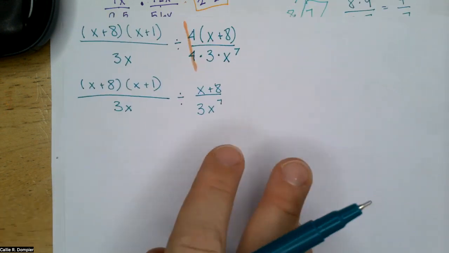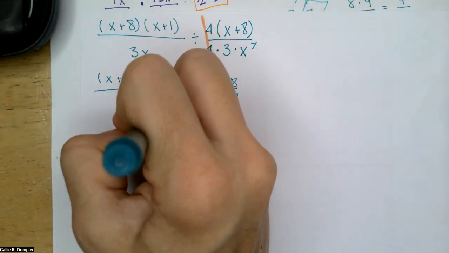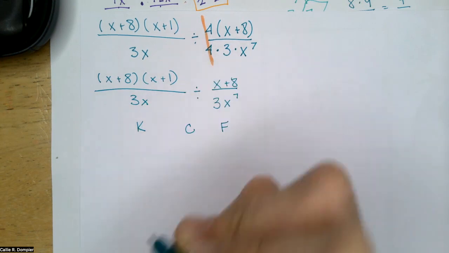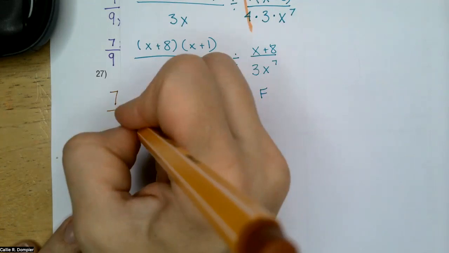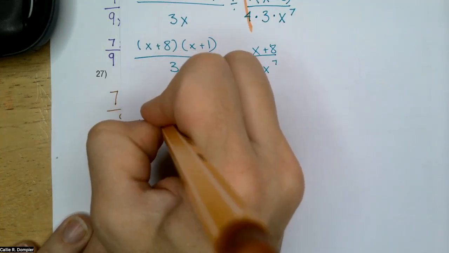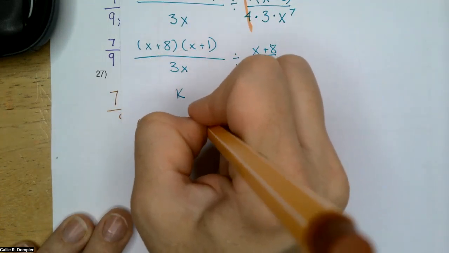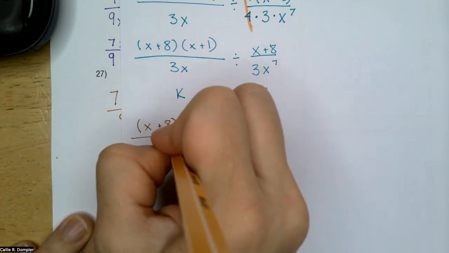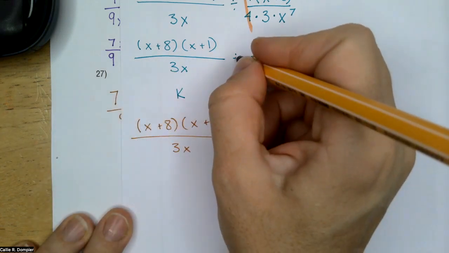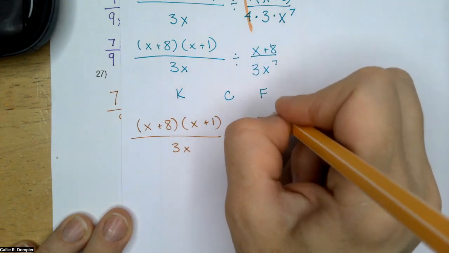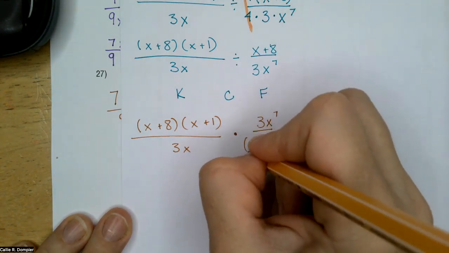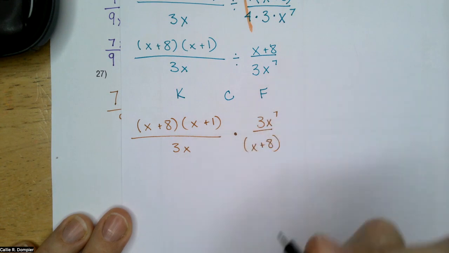All right, now keep, flip, change. Now we're gonna start switching from division to multiplication. Everything over here is still the same. X plus 8 times x plus 1 divided by 3x. Change to multiplication, flip. The 3x to the 7th was on the bottom, now it's on the top. This is x plus 8.